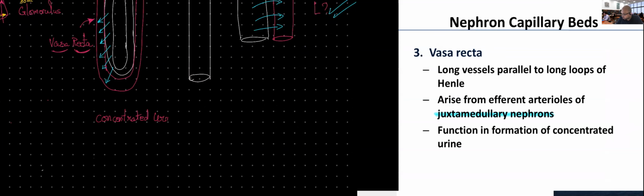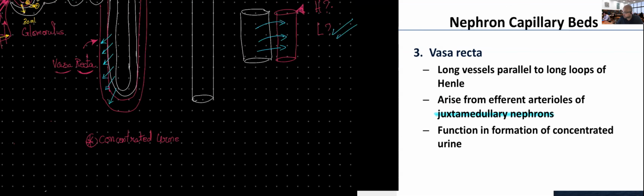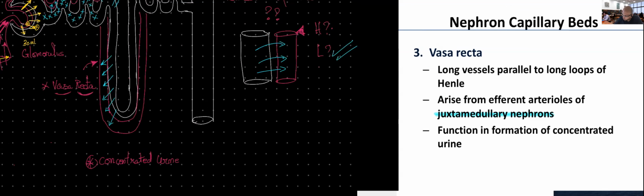So if I ask you, what is the function of the juxtamedullary nephrons? Form concentrated urine. What is the function of the long loops of Henle? Form concentrated urine.